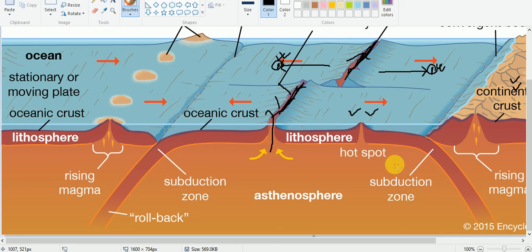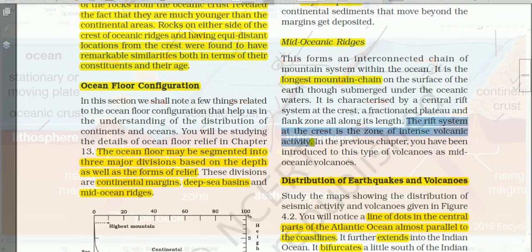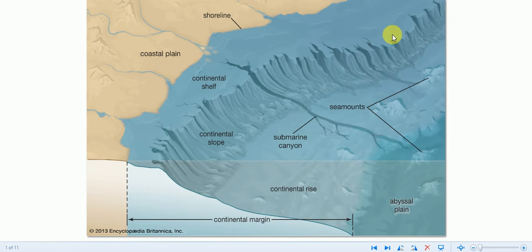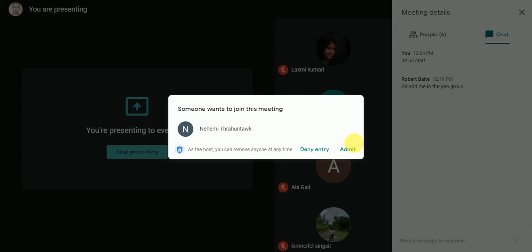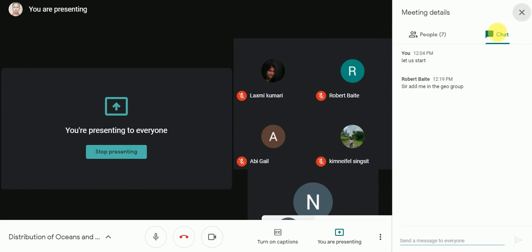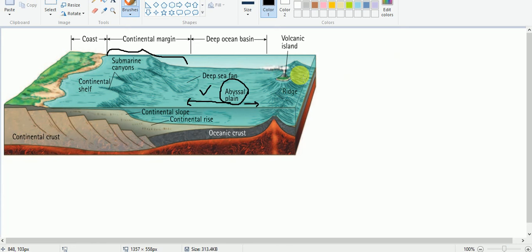Crest means the highest point of a mountain range. Let me summarize.